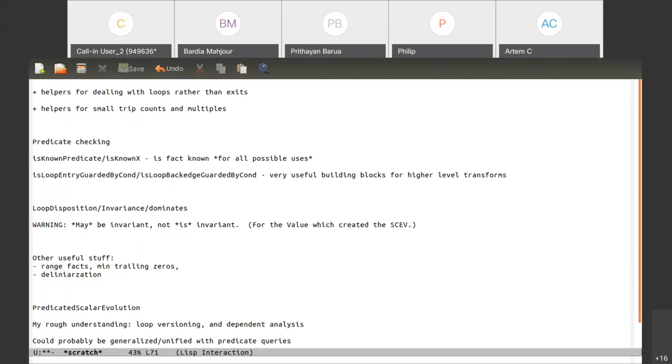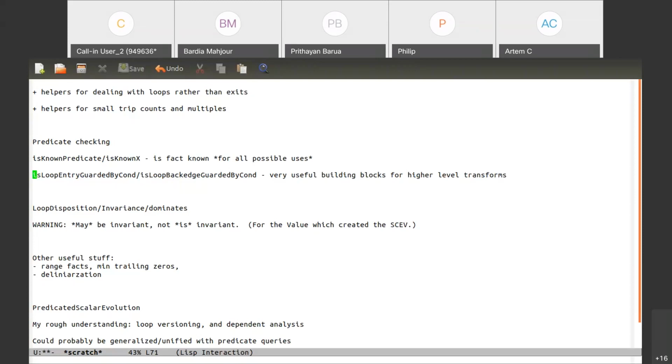And then the other family are essentially subsets of the former, but are really useful primitives on their own for other transforms, so I want to call these out: you can check whether a predicate is known on entry to a loop and on the back edge of a loop.